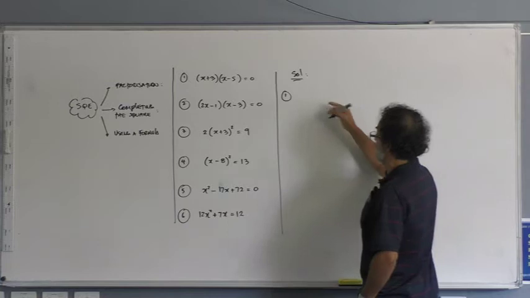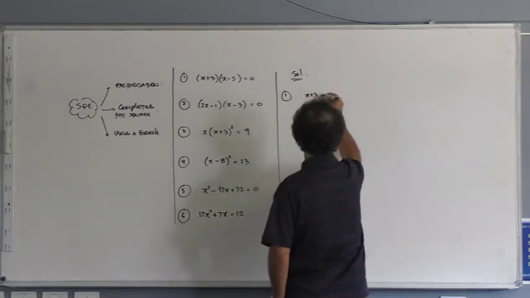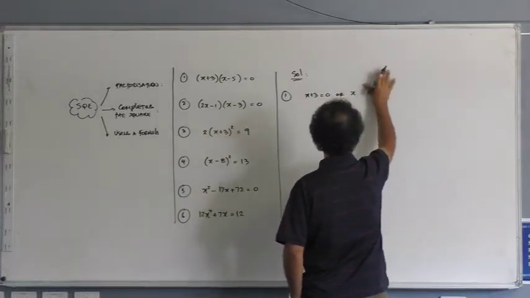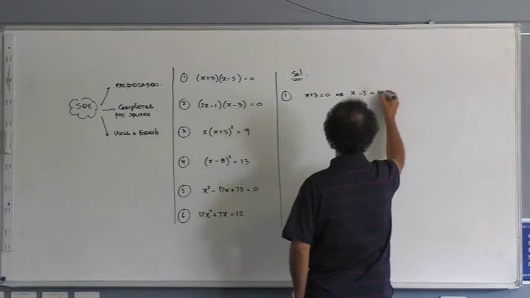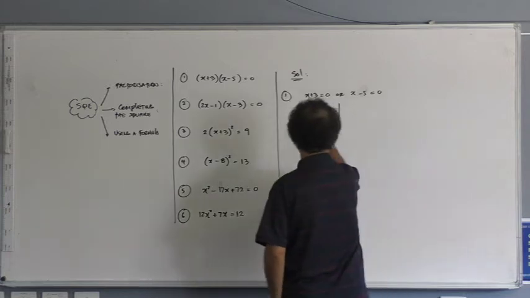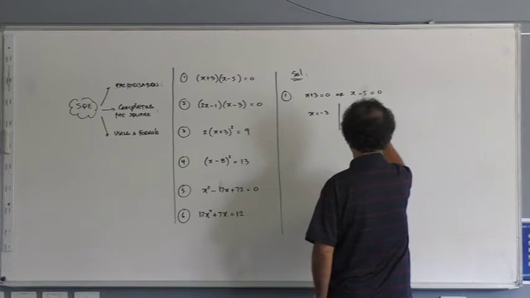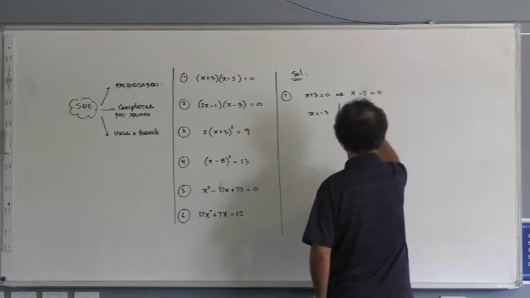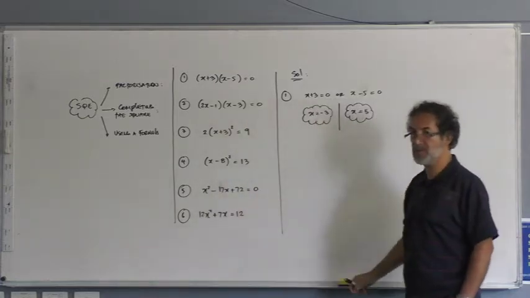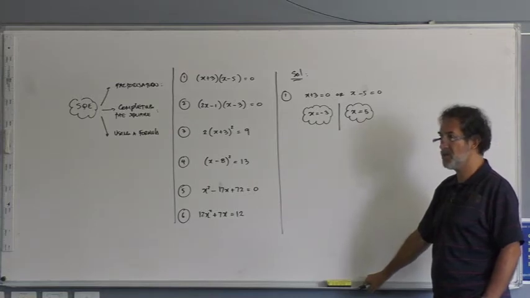Done. So, this question you can say x plus 3 is equal to 0, or x minus 5 is equal to 0, and then from here you're going to have the two answers. So you're going to have x is equal to -3. And in here, you're going to have x equal to 5. All right? And we always expect to have two answers. That is what we really want all the time. Unfortunately, sometimes we have only one answer, or sometimes we don't have any answer at all.